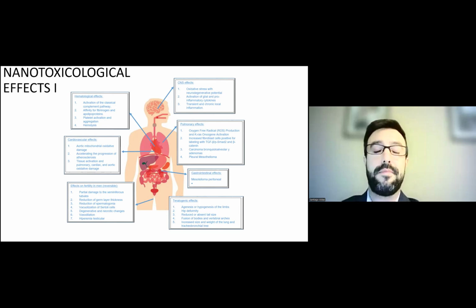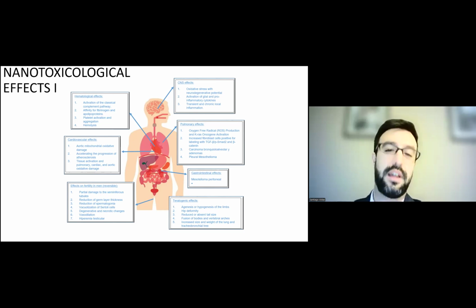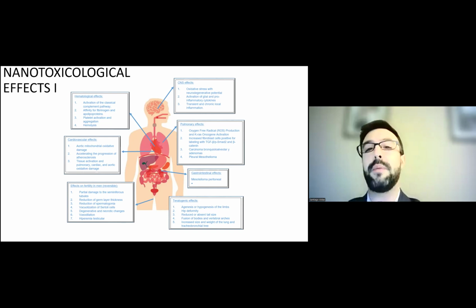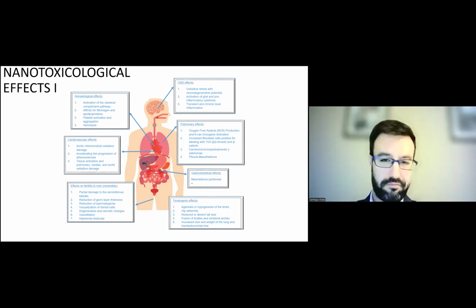The more important effects that were found were, for example, hematological effects, such as activation of the classical complement pathway, affinity for fibrinogen and apolipoproteins, platelet activation and aggregation, hemolysis; cardiovascular effects, such as aortic mitochondrial activity damage, the acceleration of the progression of atherosclerosis, tissue activation, and pulmonary, cardiac and aortic oxidative damage.